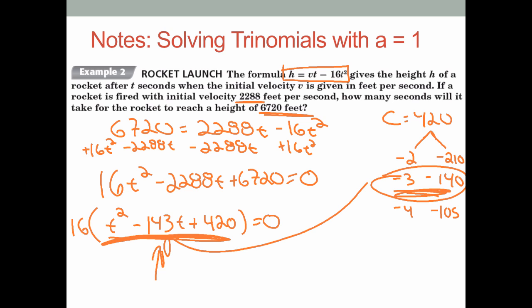So what I'm going to do is stop what I'm doing. I'm going to use what works. So factoring this out, I'm going to get t minus 3 times t minus 140 equals 0. So therefore, t is going to be 3, or t is going to be 140.